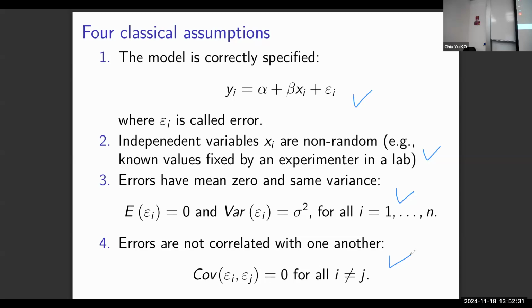And the other related case is where we have cross-sectional data. Even if you observe observations within the same period of time, these i and j are different individuals, and they may be related. For example, if you collect data in CUHK, people in CUHK are related in some sense, they have the same culture, so it's likely that within CUHK, people behave similarly.